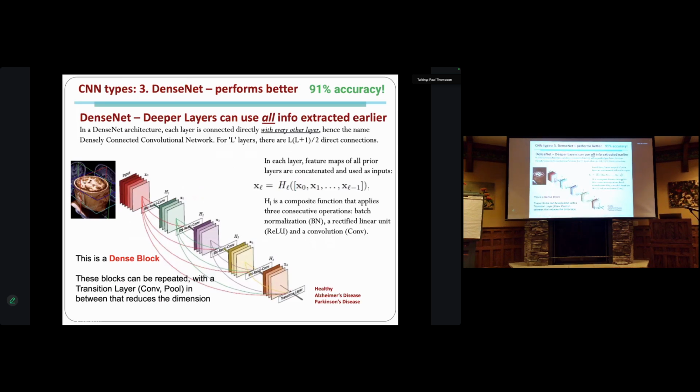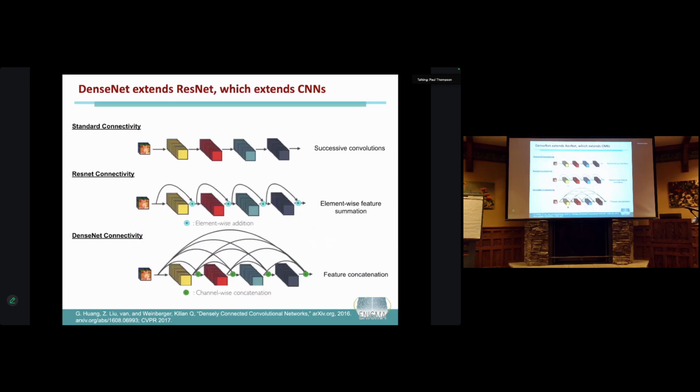Or you can use 3D kernels. So one of the best methods is 91% accurate on this Alzheimer's test. You basically take every layer and concatenate them at each level. So you have a sort of multi-scale, a sort of octree grid. This has been used in computer vision forever. That does really well. The connectivity of the networks is a little bit different.